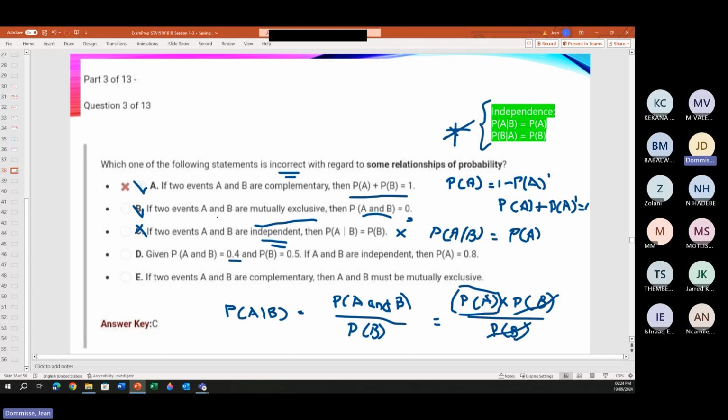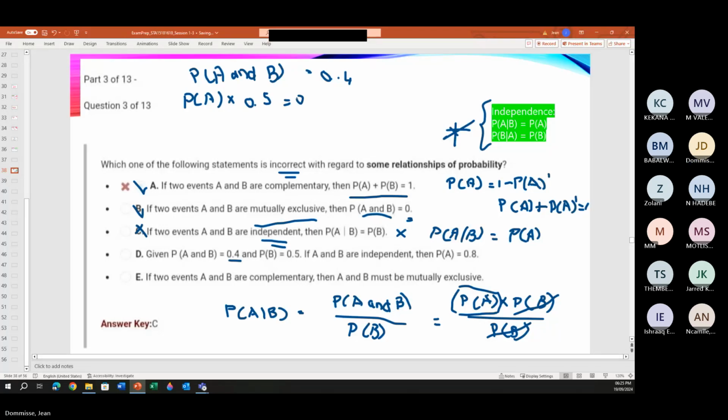So let's check. They tell us the probability of A and B is equal to 0.4, and the probability of B is 0.5.